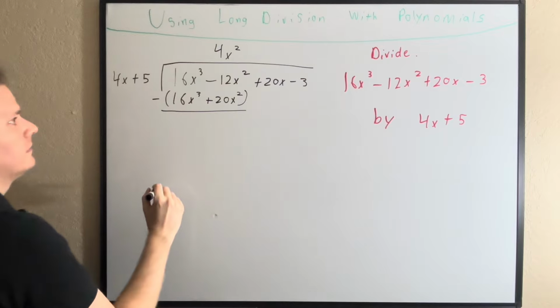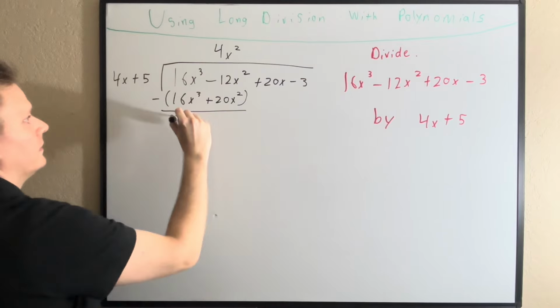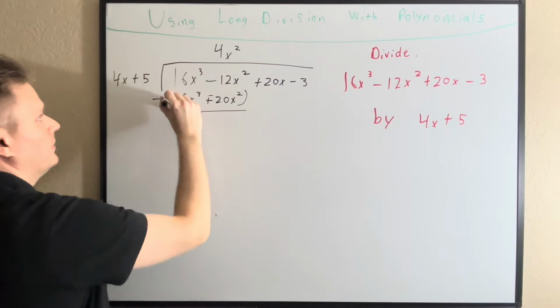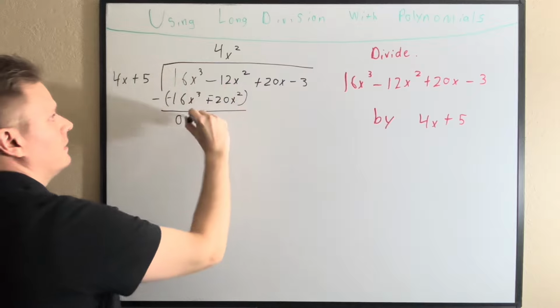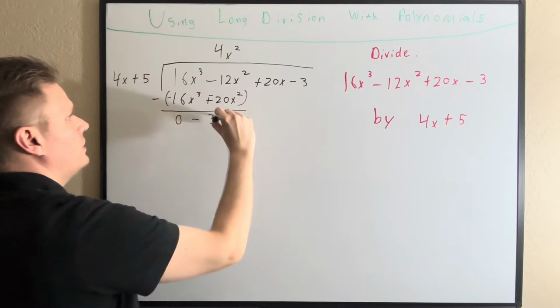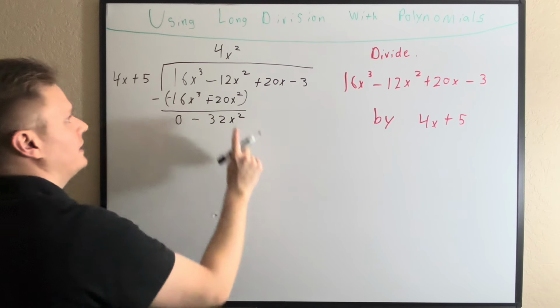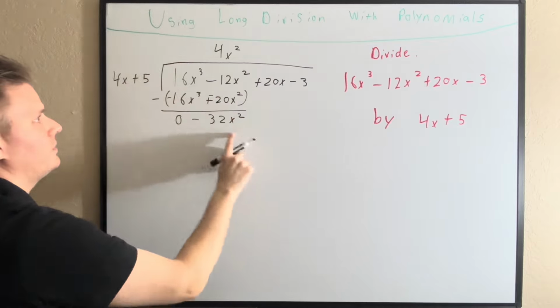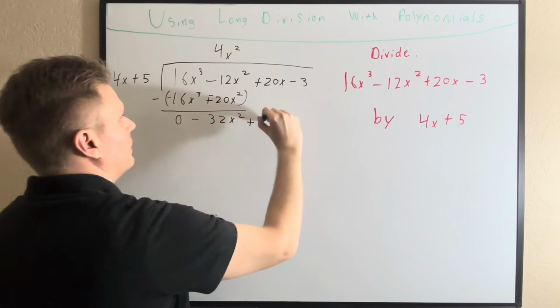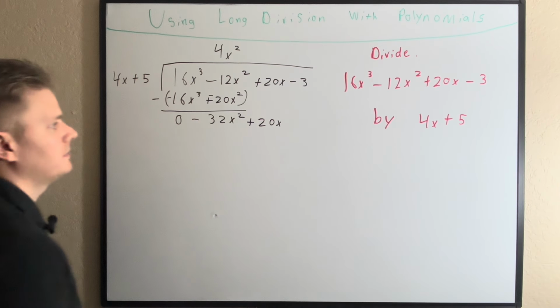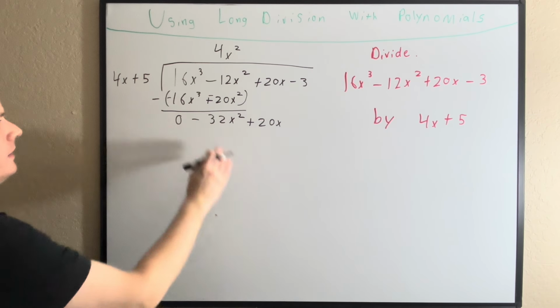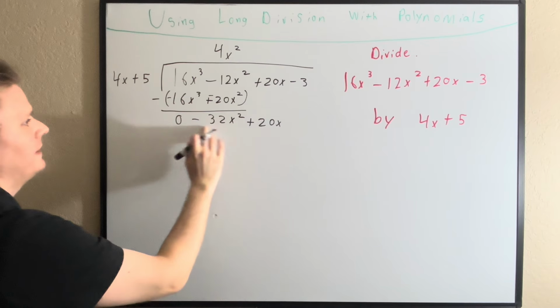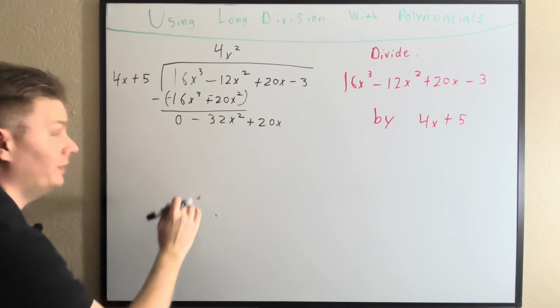Subtract it, right? 0. This becomes negative 32x squared, right? Negative 12 minus 20 is negative 32. Bring the next term down. All right, 4x goes into negative 32x squared.